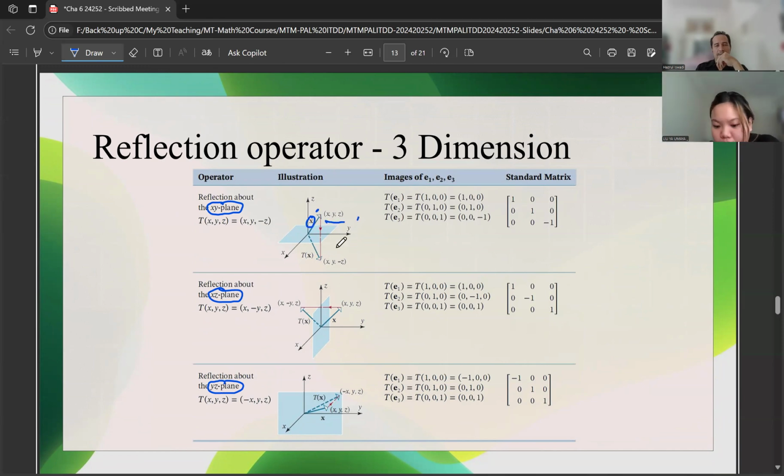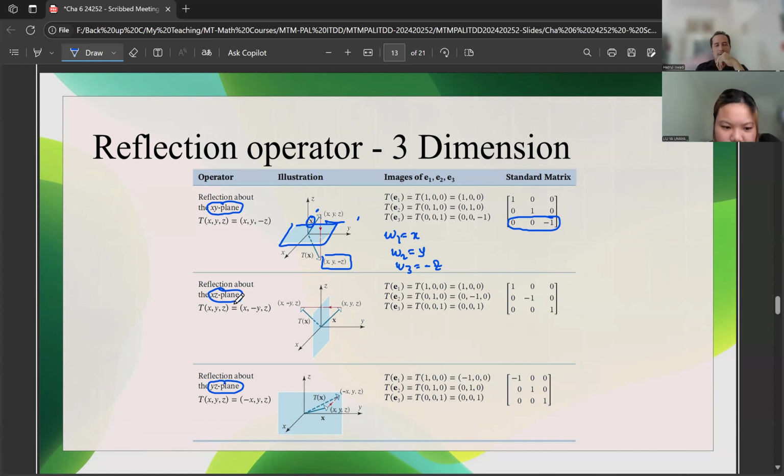If we reflect to the xy plane, the result will be like this. z becomes negative. So w1 will still be x, w2 will be y, w3 will be minus z. That's why the third row will contain a negative.